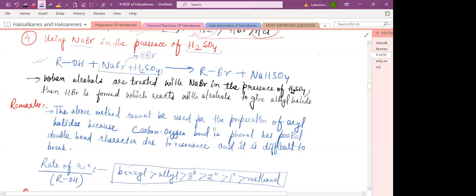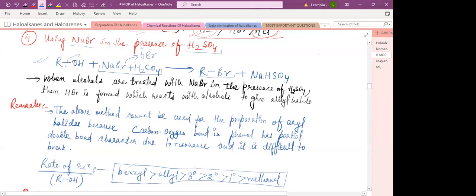From here it will be H plus and Br minus. This OH will be replaced by the bromine group, and you will get the alkyl halide, alkyl bromide in this case, along with the byproduct sodium hydrogen sulfate, NaHSO4.